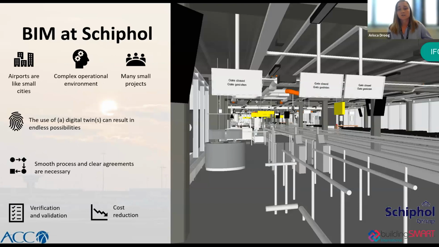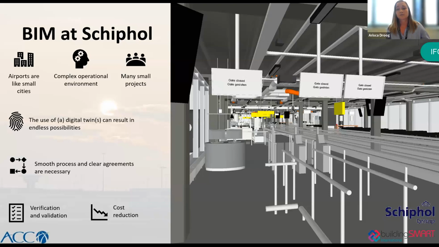Next slide. So looking at BIM at Schiphol as one of the solutions, we have to keep a few things in mind. Not just Schiphol, but all airports are truly like small cities. They are a mixed environment with a wide variety of assets. Next to the different asset types mentioned in the previous slide, we also have different types of networks. We have electrical networks, water networks, or domains such as security that require a lot of different information needs throughout all phases of the life cycle.